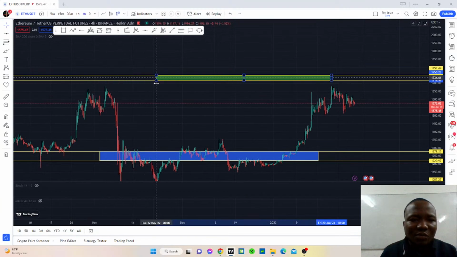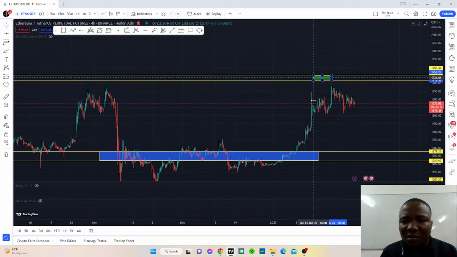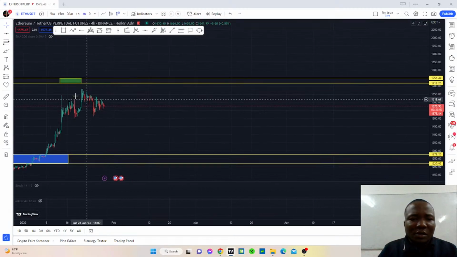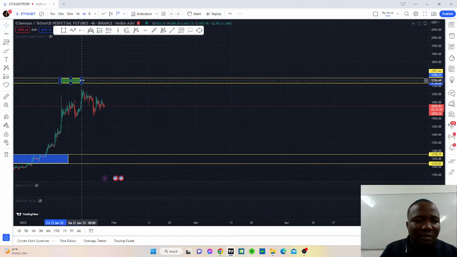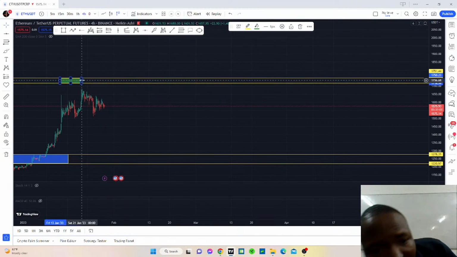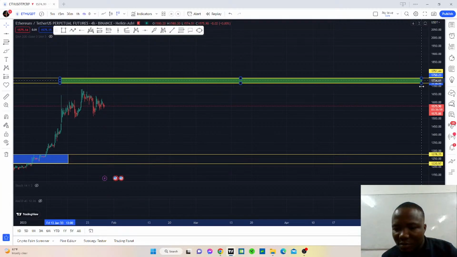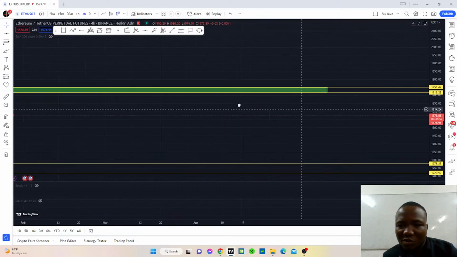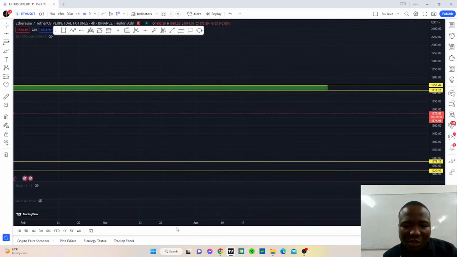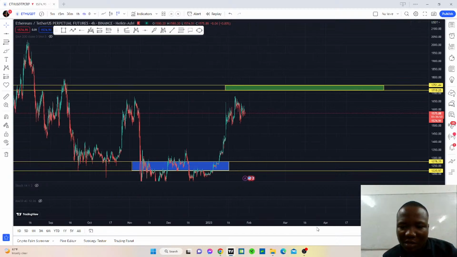Let me extend this one. Okay, let me put it somewhere here. You extend it as much as you like, so that you don't have to be drawing the zone all the time.